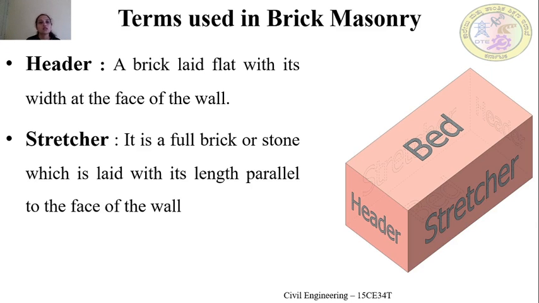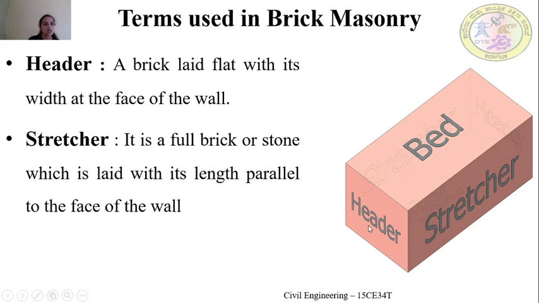The next term is the header. Here I have put a picture of one brick. Width wise I have marked header and length wise I have marked stretcher. The width of the brick is called the header, and the long length face of the brick is called the stretcher.